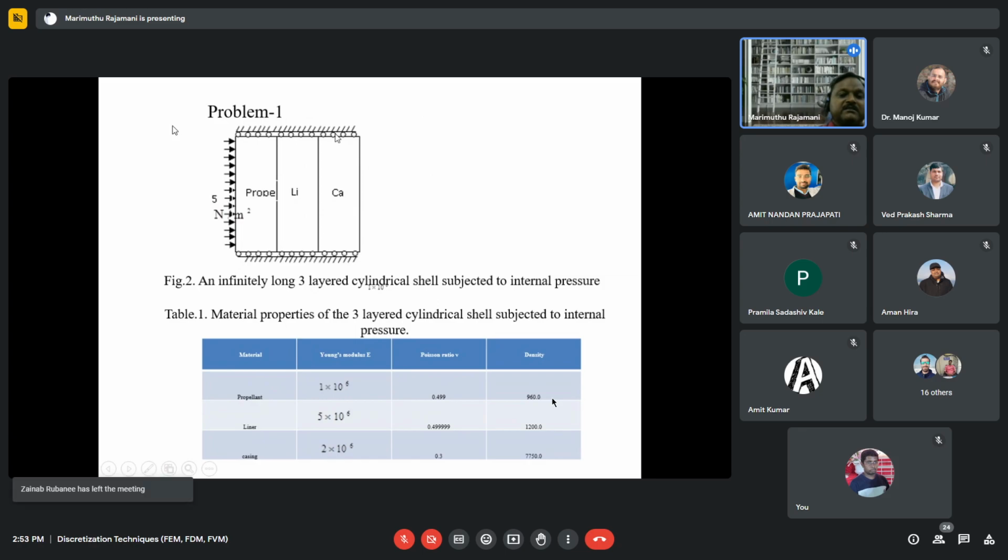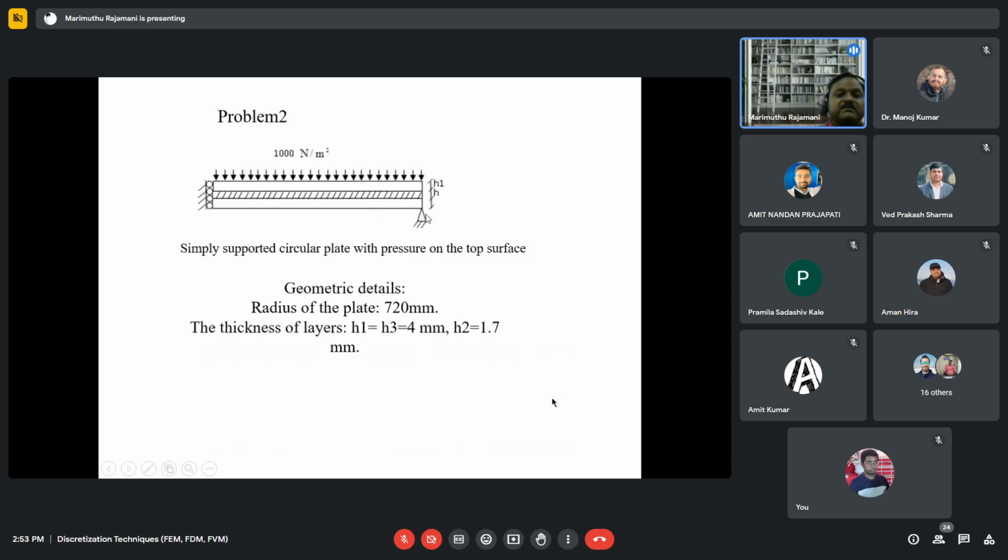This is a representative of a solid propellant motor case: the propellant, the liner, which is made of rubber, and the casing. The other problem is a simply supported beam where the hashed line shown is made of viscoelastic material, and top and bottom are made of steel.